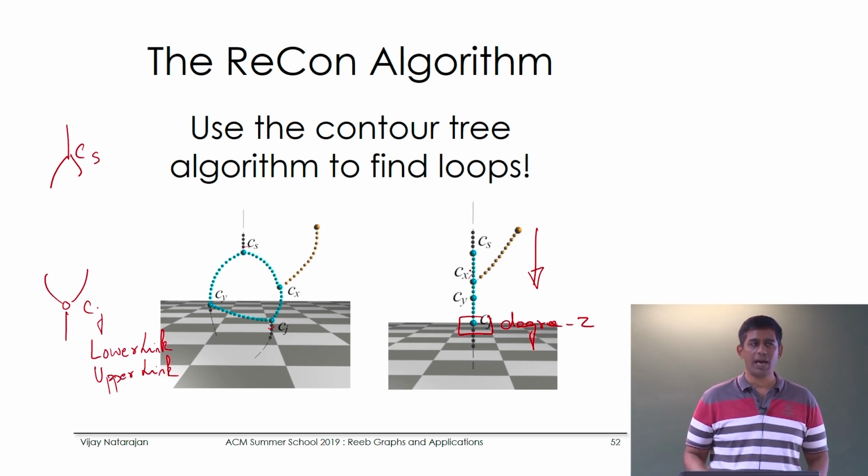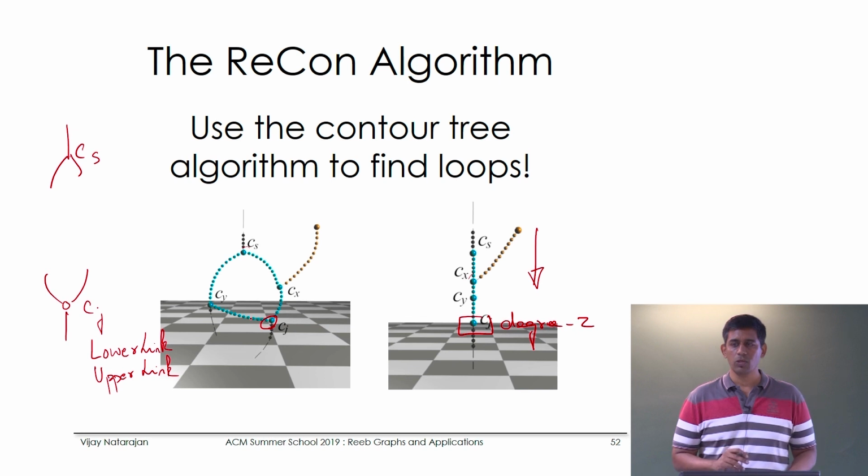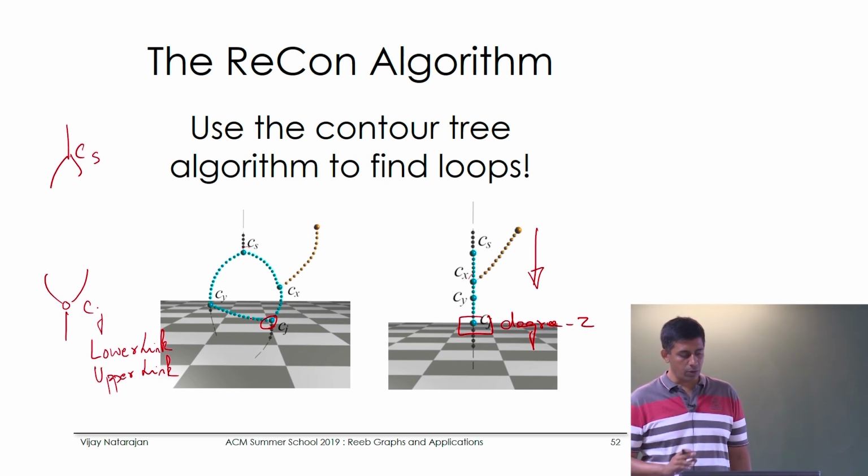So I have a way of distinguishing between C sub x and C sub j. C sub j, by the way, stands for join saddle. So I am identifying join saddles using this pass. I am reusing the contour tree algorithm to find the join saddles.